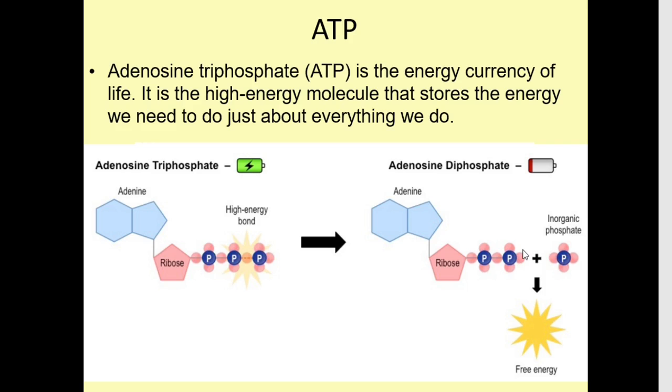Now, hopefully you can start to see the issue here, because as we've just been talking about, the way that cells do work, the way that they go against the natural order, is by spending ATP molecules. But you can't spend a molecule of ATP to attach this on here to make a molecule of ATP.